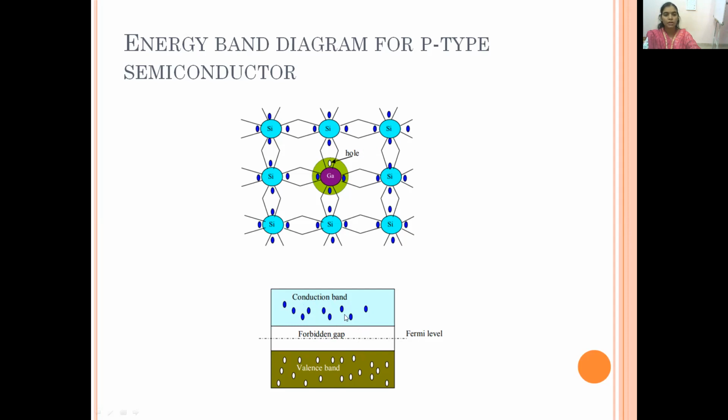Therefore, in a p-type semiconductor, holes are the majority carriers and electrons are the minority carriers. So the current conduction is predominantly by holes. That is called a p-type semiconductor. P means positive.